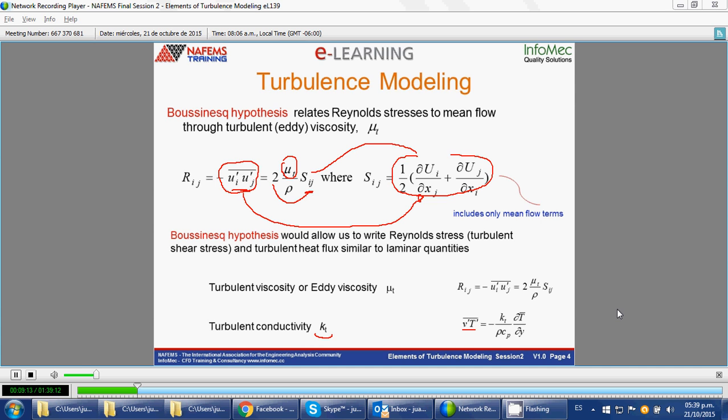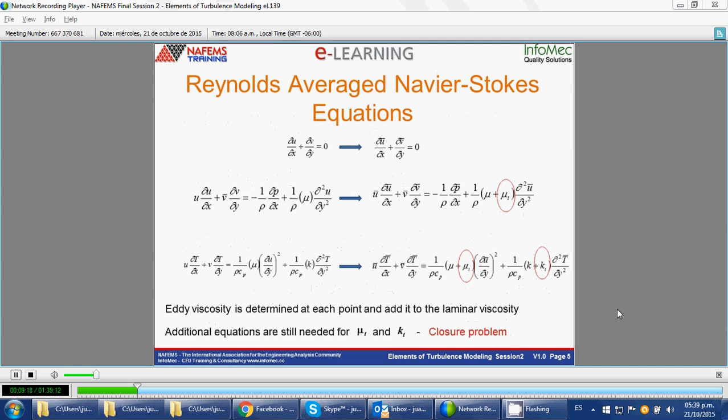Now let's take a look at what our equation is going to look like. If we make this assumption, then this is again a two-dimensional incompressible equation with constant properties, so it's a simplified form of one of the equations.